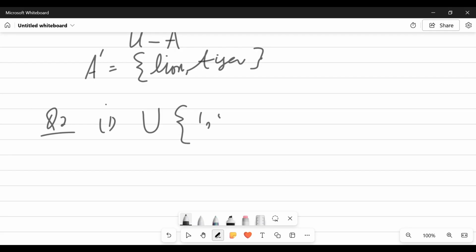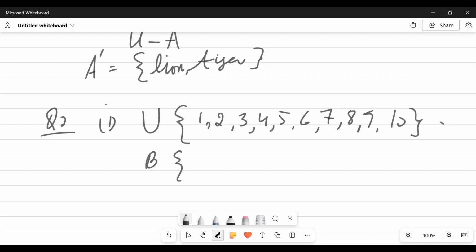So 1, 2, 3, 4, 5 till 10. Then you need to write down the set B, which are the even numbers. So the even numbers are 2, 4, 6, 8, and 10.